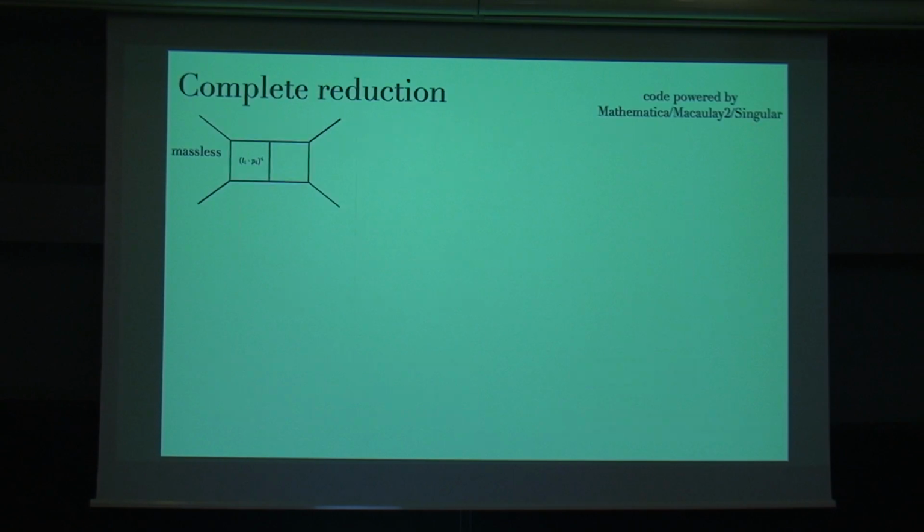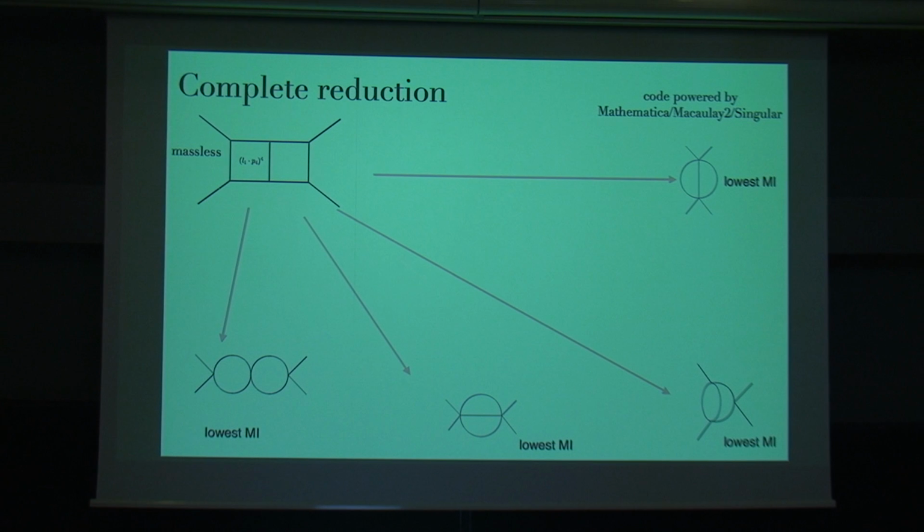So let's talk about the complete reduction. To get the complete IBP, we really need the lowest master integrals. Just recall that we can use our package to get the full list of the master integrals. So we just look at the full list of master integrals to find the master integrals with the fewest number of propagators as the lowest master integrals.